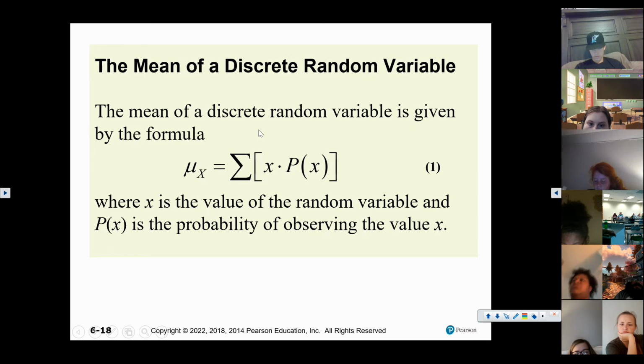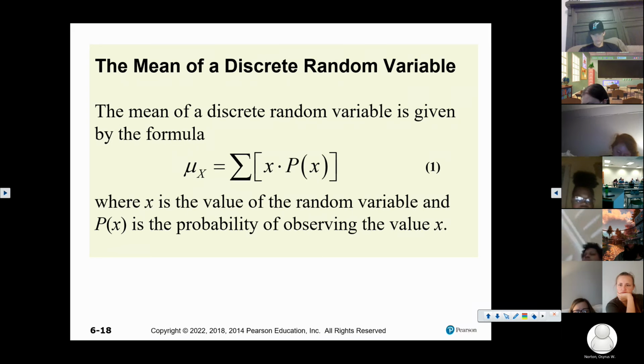But I want you to also write the mean is also the expected value. Write that down. The mean is also the expected value. What's the expected value? Well, that's a term you use in business, especially in life insurance companies or insurance companies.